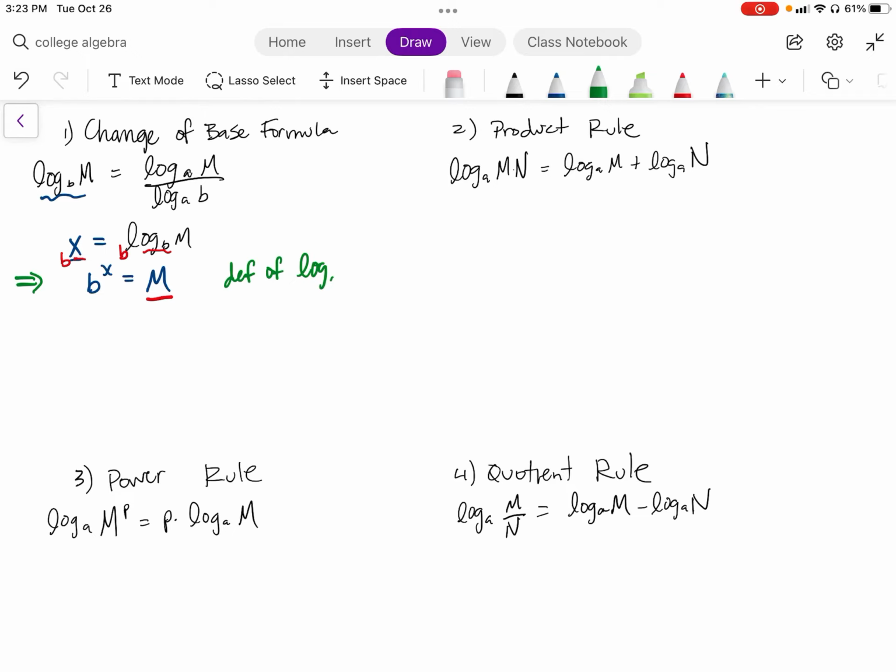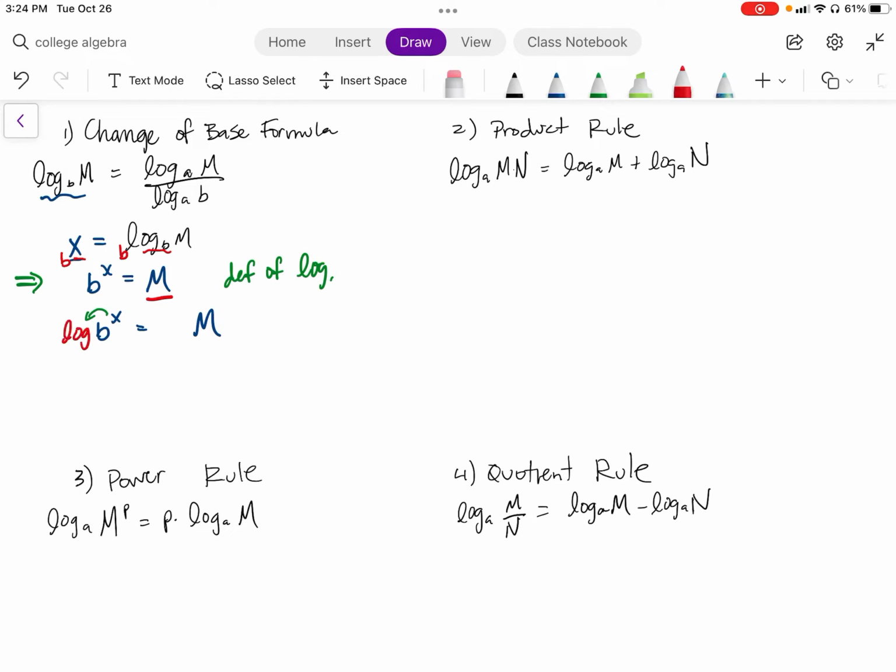So now what we're going to do is take the logarithm of both sides. I'm going to give myself a little bit of room and write this on the next line. Now, why are we doing this? Because in order to remove an exponent, in order to bring this x down, what I need to do is take a logarithm.